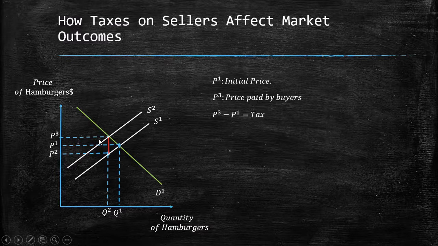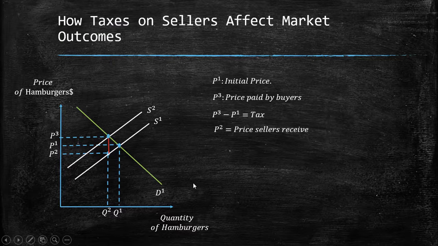P3 is the price that is paid by the buyers, which is higher than P1. But sellers, again, they don't receive P3, they receive P2, because the subtraction of P3 minus P2 is going to be the tax.